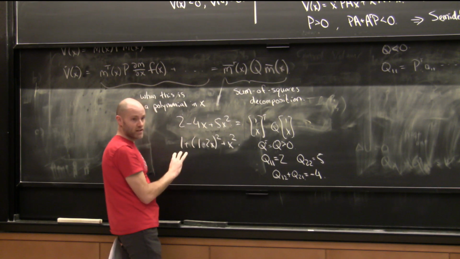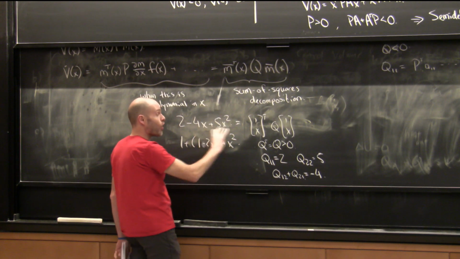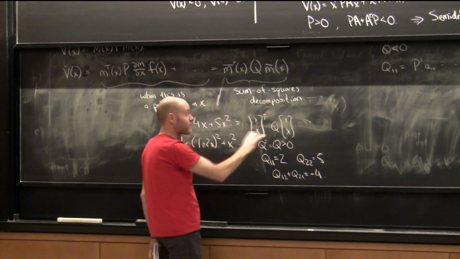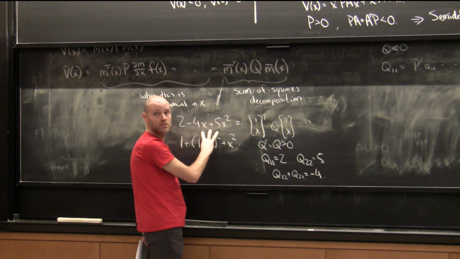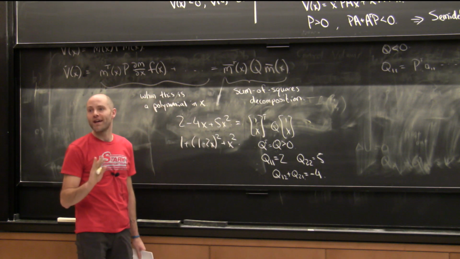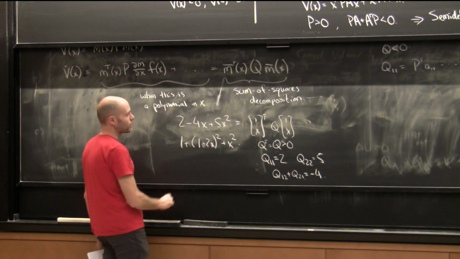There is a chance, so the other question is, can I always find a factorization of this form for every polynomial? And the answer is actually no, in general, but we're going to ignore that in this class, mostly.